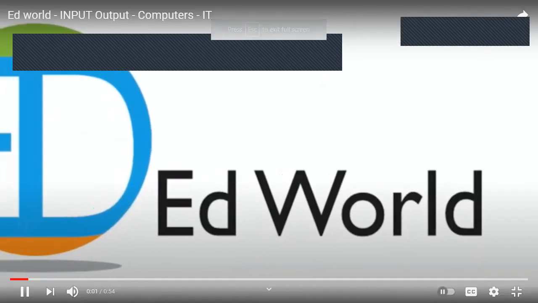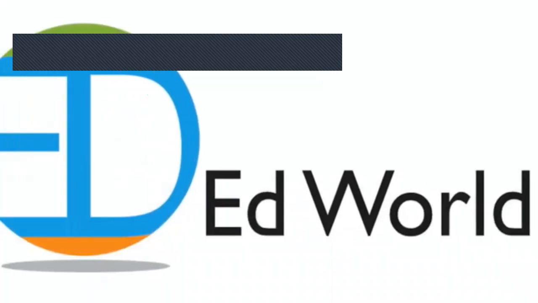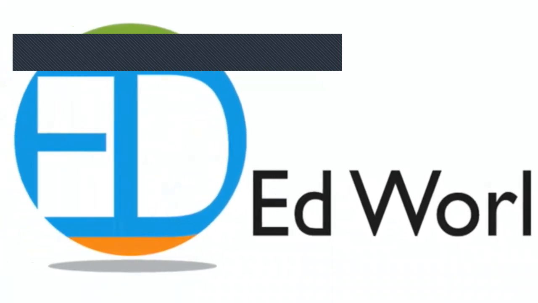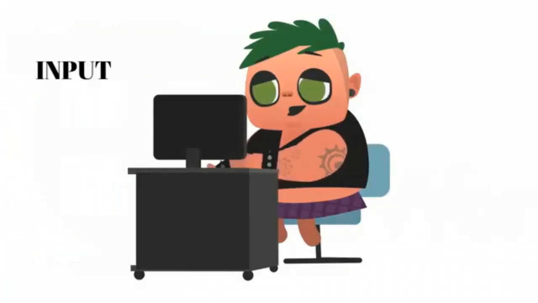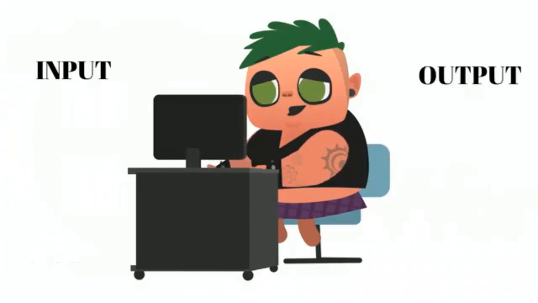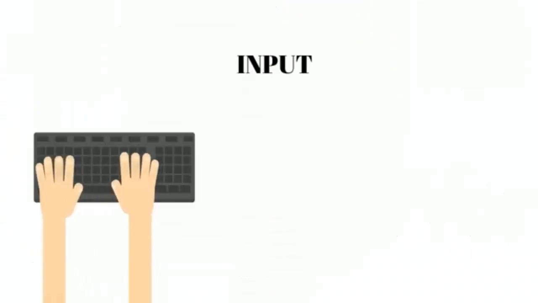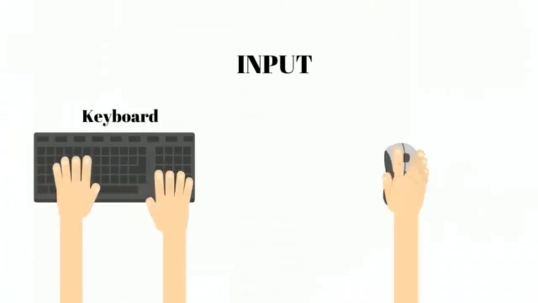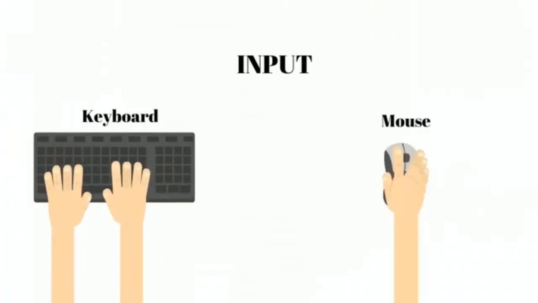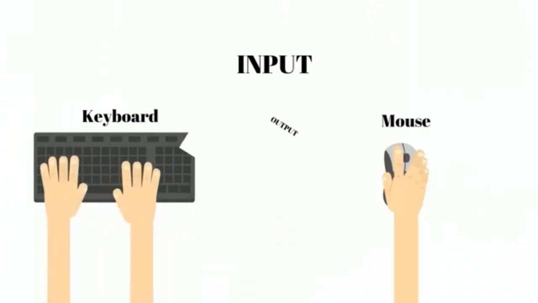Hello guys, let's learn about the input and output devices. Hello everybody, so let's learn about some input and some output devices. The input devices include a keyboard, that's an input device, a mouse, that's also an input device.